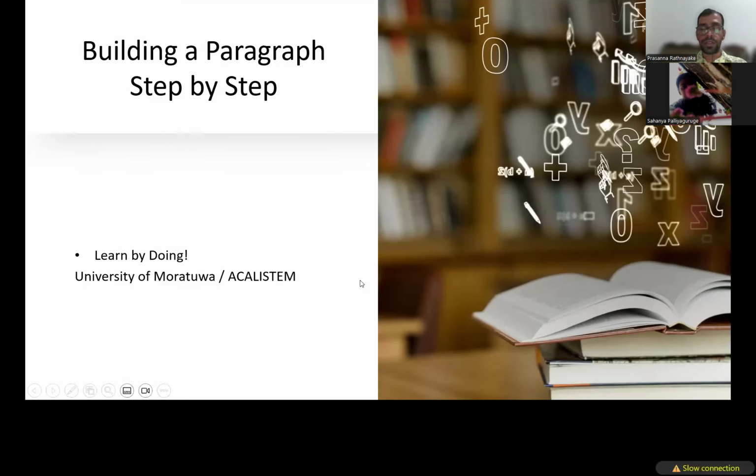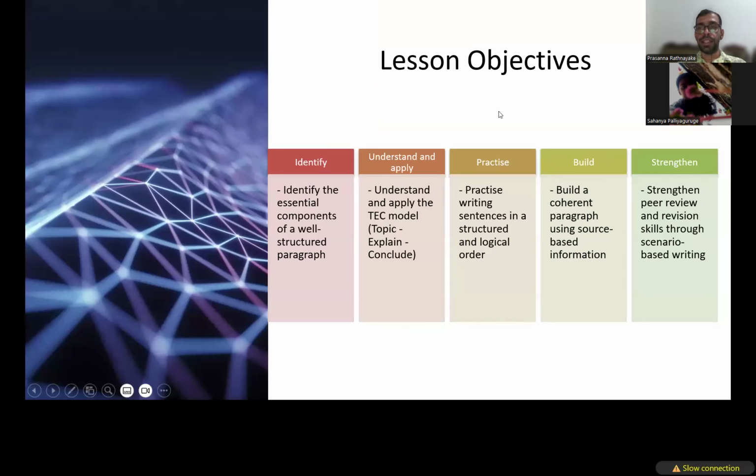Okay, so today we will be moving on slides and we'll be seeing how paragraphs could be synthesized in our everyday academic writing. What you can see on screen is today's lesson objectives. We'll be simply looking at the first objective: identifying the essential components of a well-structured paragraph. Now, a paragraph is actually a one-idea-containing unit of a bigger synthesis.